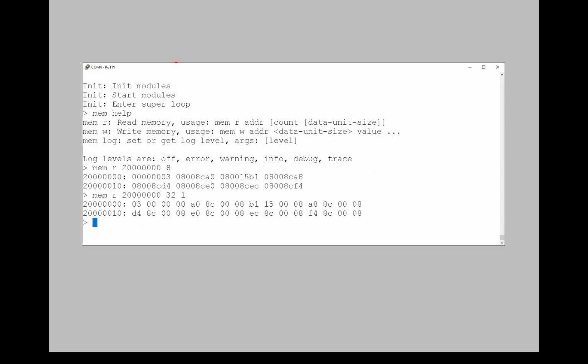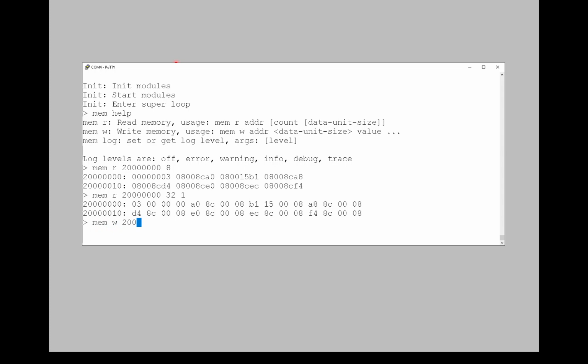So now I'm going to write some memory, and in fact, I'm going to write this first word of RAM. Now, I've done this. I know it doesn't cause the system to crash, but it's very dangerous. I don't know what that first word of RAM is being used for, to be honest with you. But let's do it.